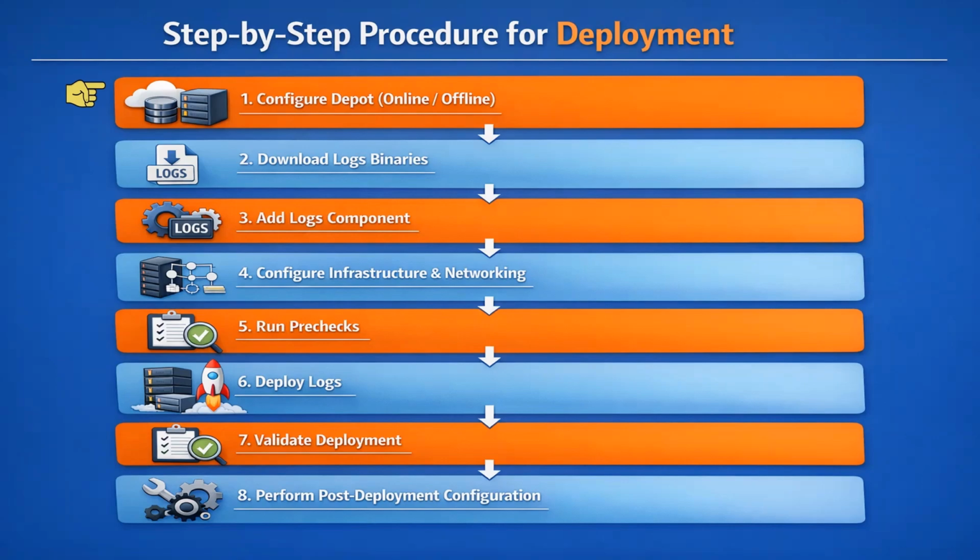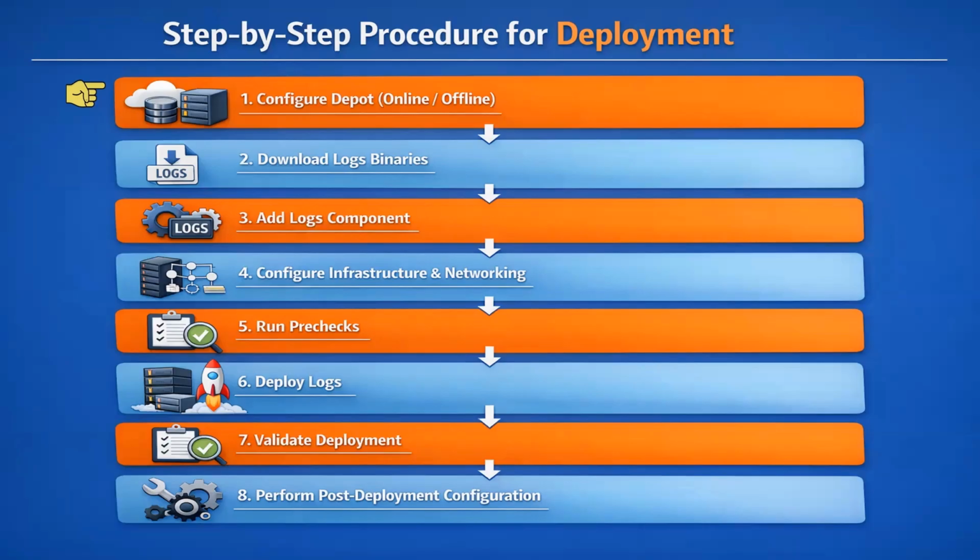I told you for online depot, we need a token generation. Without the token, we cannot use the online option now, because earlier we used credentials till 5.x. Even at the end of 5.x, they started the token generation. So for our lab, we are going to configure the offline depot.